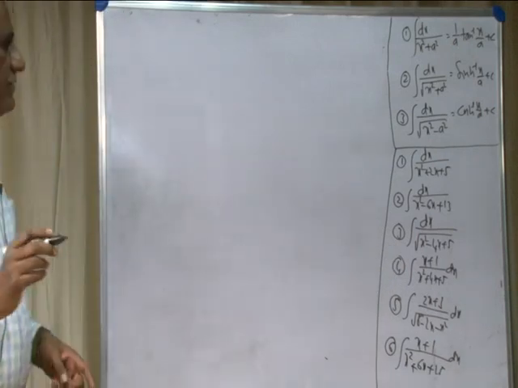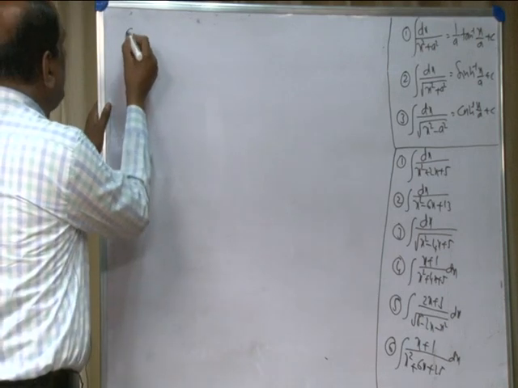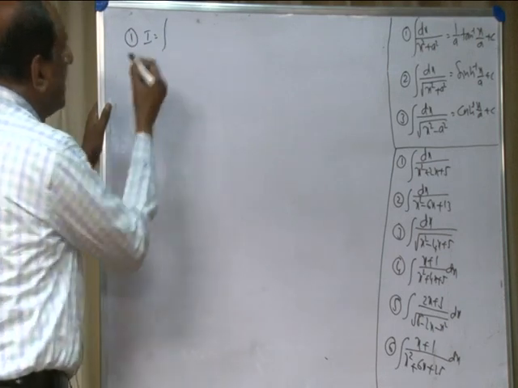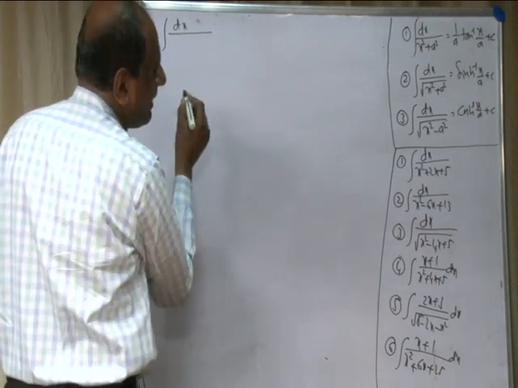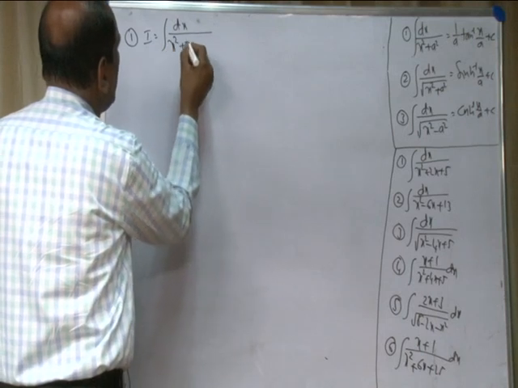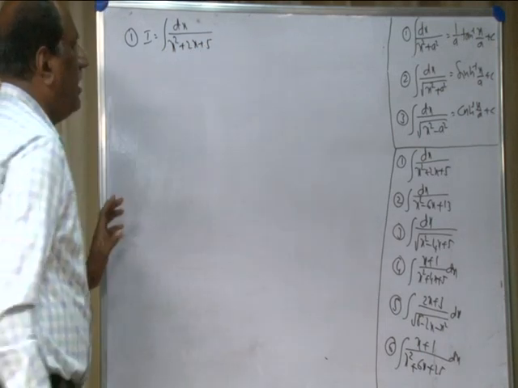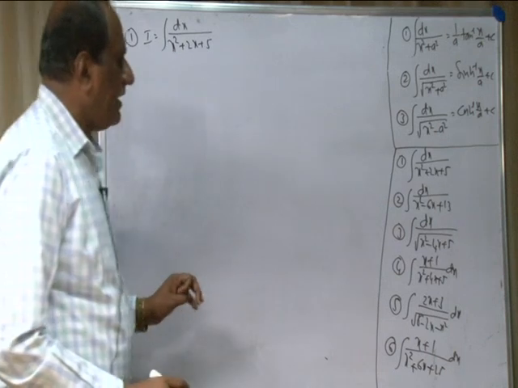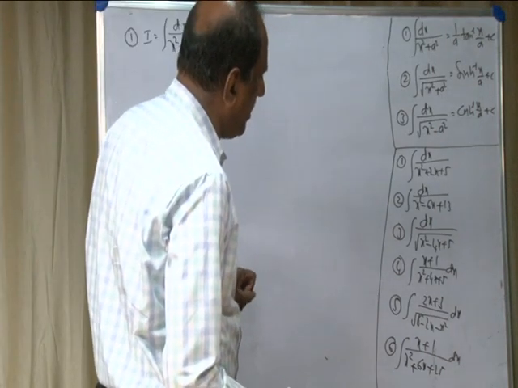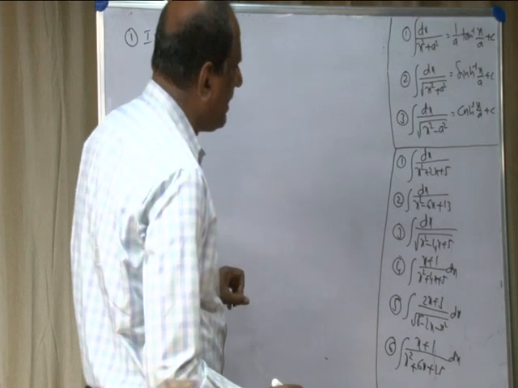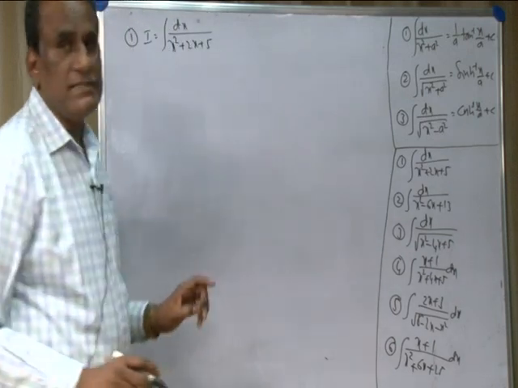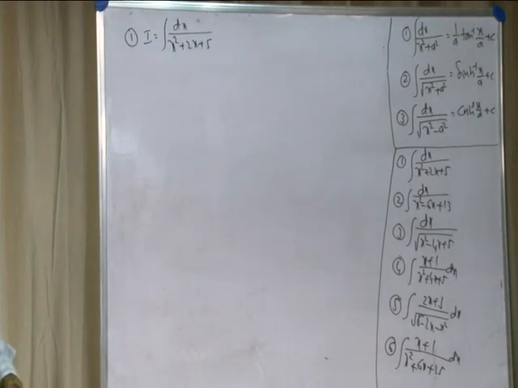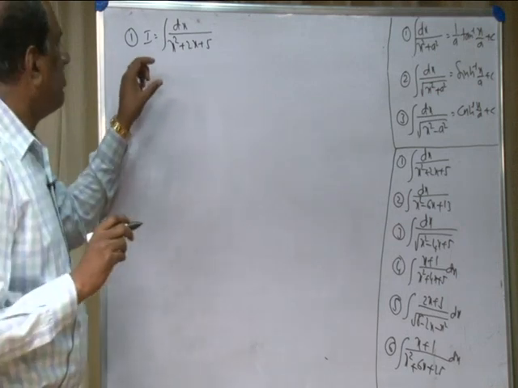First problem, see here, I is equal to integration of dx divided by x square plus 2x plus 5. How to write the denominator as a perfect square? To express the denominator as a sum or difference of squares, I will give one technique.